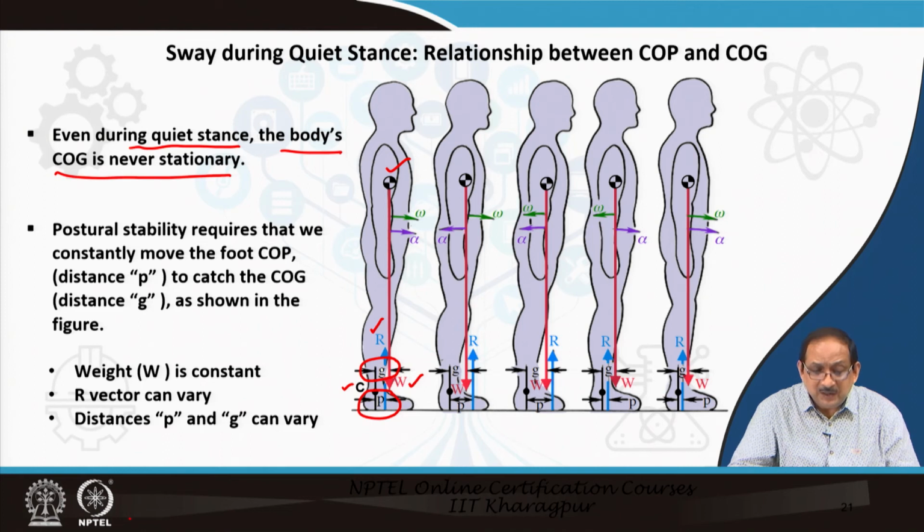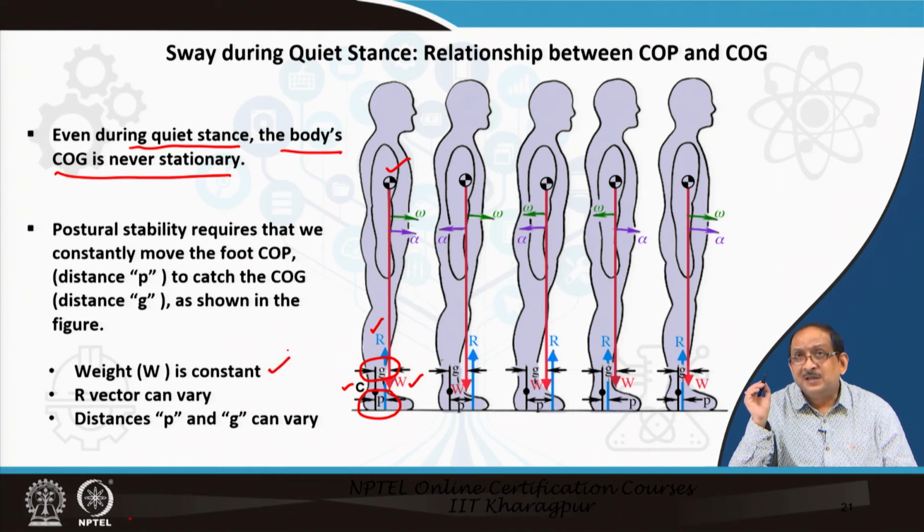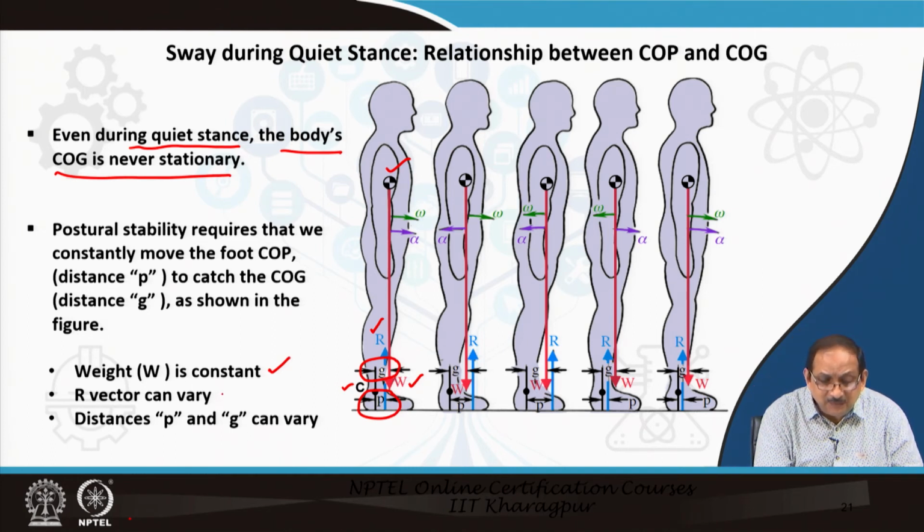Please note that the weight is a constant vector, whereas the R vector, the ground reaction force, can actually vary, and the distances P and G can also vary.